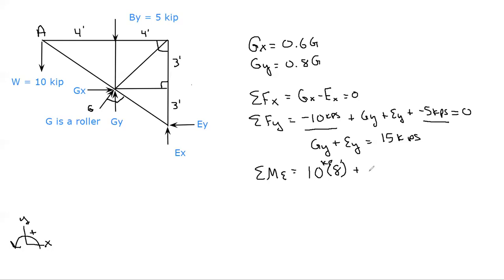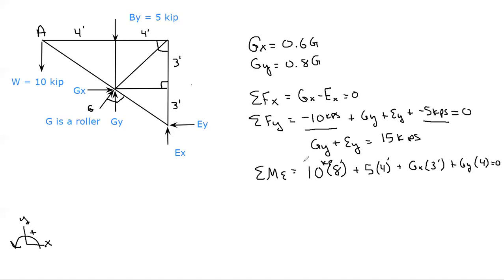The 5 kips is a perpendicular distance of 4 feet. Gx is a player, a perpendicular distance of 3 feet. Gy is a player, a perpendicular distance of 4 feet. And all comes out to be equal to 0.